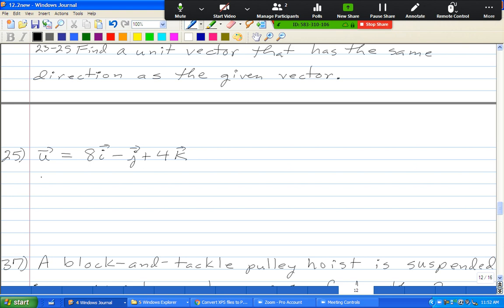Let's find the length of this vector. It might be better to find the square of the length. So this is 8 squared plus negative 1 squared plus 4 squared, so this is 64 plus 1 plus 16, which is 81.